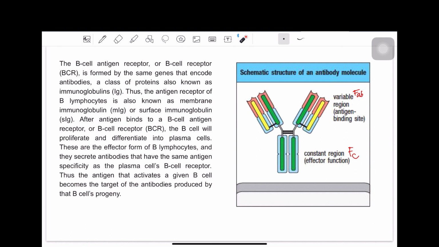Which is why the antigen that activates a given B cell becomes the target of the antibodies produced by the B cell's progeny. The same antigen which activates the B cell can now be targeted by the antibodies produced by the same B cell's progeny, which will be the plasma cells that secrete the antibodies against the specific antigen.